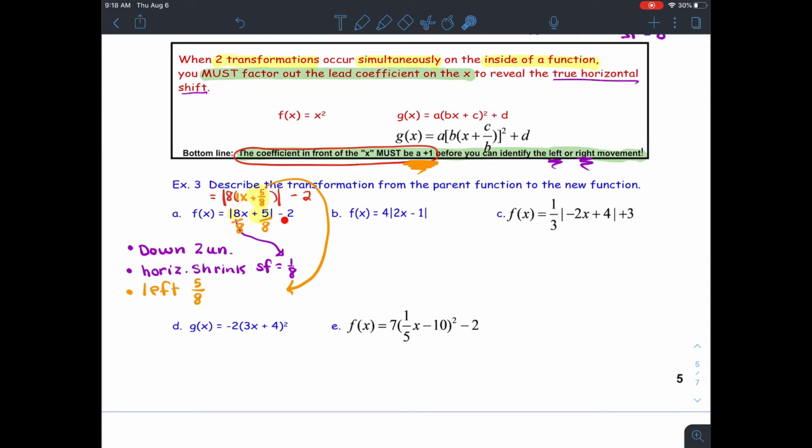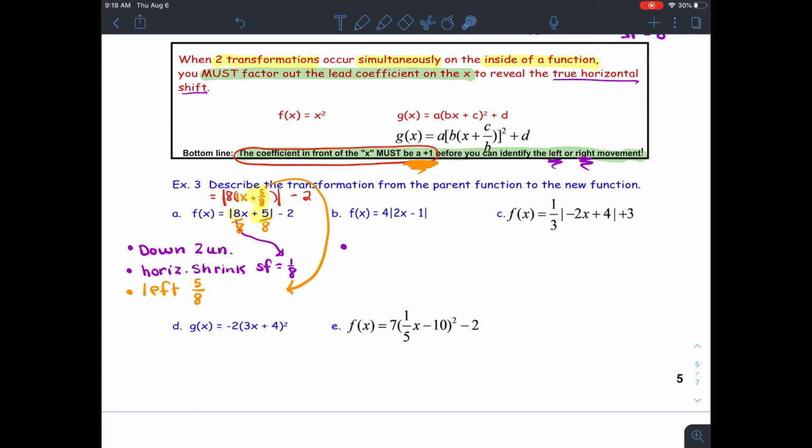So it's going to the left a little bit more than half of a unit. If you were to graph this original function on your calculator, it would not look like the absolute value graph went to the left 5. It would look like it only went to the left a little bit more than half of a unit. This is only the case when there are two transformations happening at the exact same time inside the function, and one of them is some type of horizontal shift.